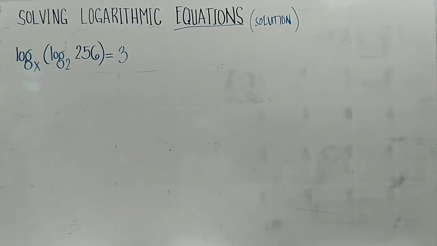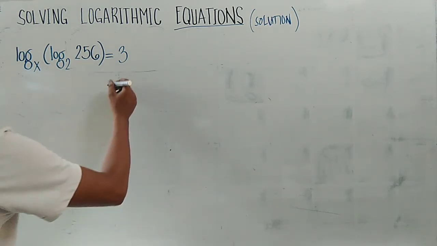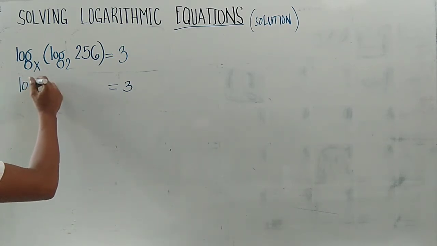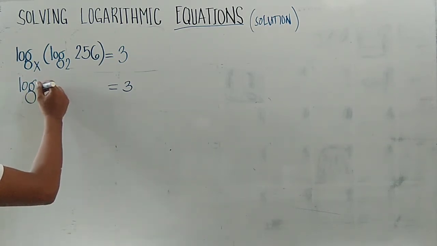Okay, for our last example, we have log base x of the quantity log base 2 of 256 equals 3. To make it easy, let us simplify it one by one.